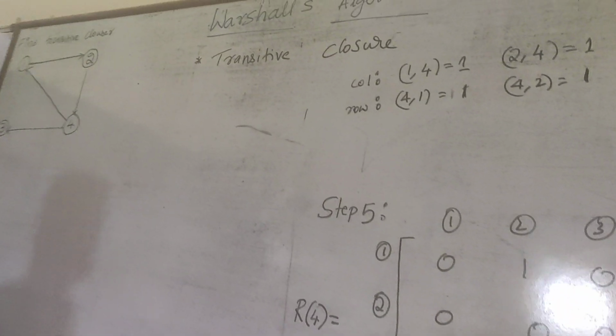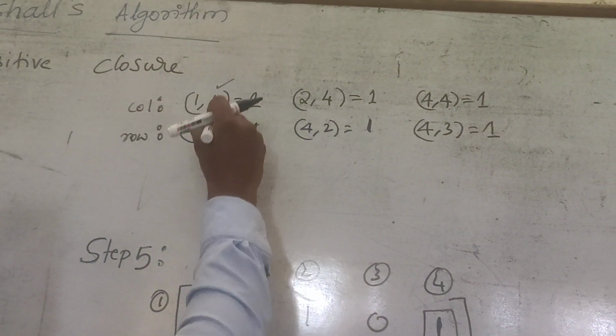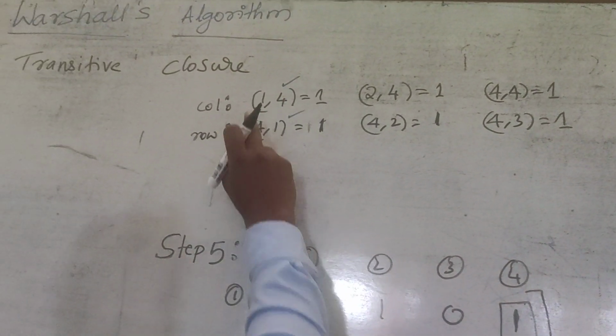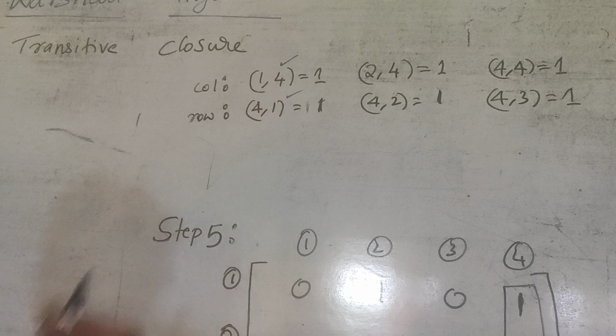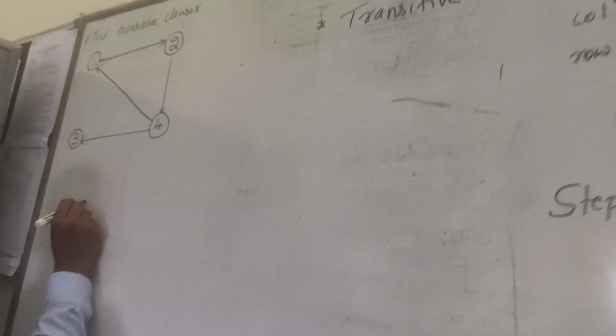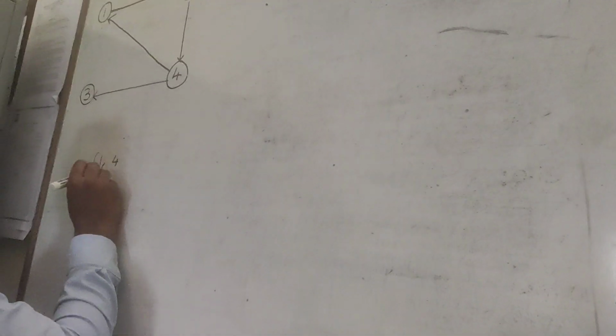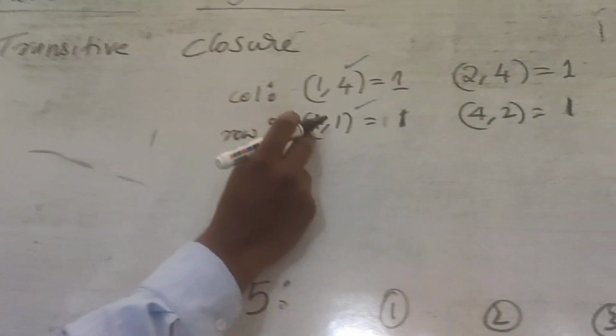First you consider this one and this one: 1 comma 4 and 4 comma 1. There is an existing path 1 comma 4 and 4 comma 1.